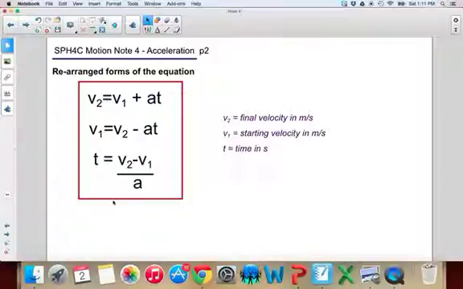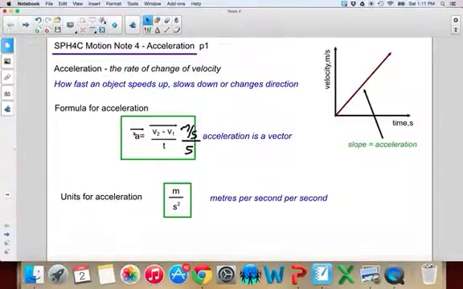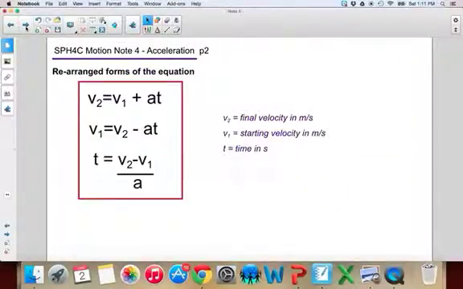Okay? And I'm not going to spend time rearranging the equations for you. This is what they are. So when you have your formula sheet, you can write these out. If you're really good at rearranging, you only really need this one, and you can figure out the rest. But if you're not, some things to be aware of, what is what.